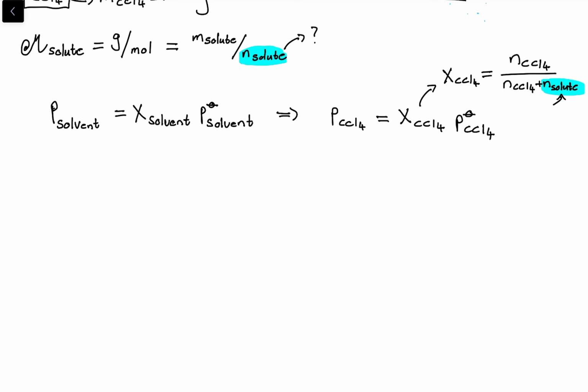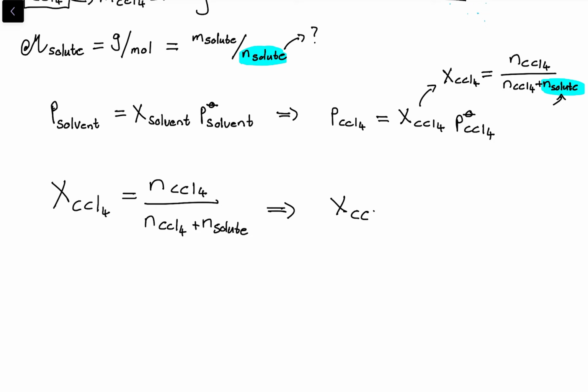All right, so let's get an expression first for the number of mole of the solute. So what is N solute? Let's go here. XCCl4 is equal to NCCl4 divided by NCCl4 plus N solute. And that means the mole fraction is multiplied by NCCl4 plus N solute.